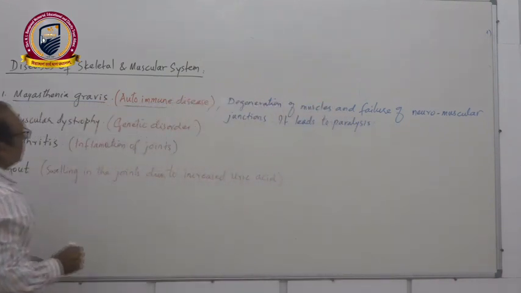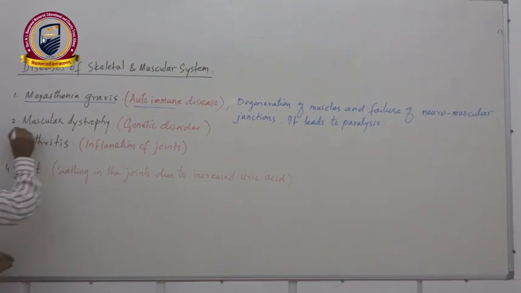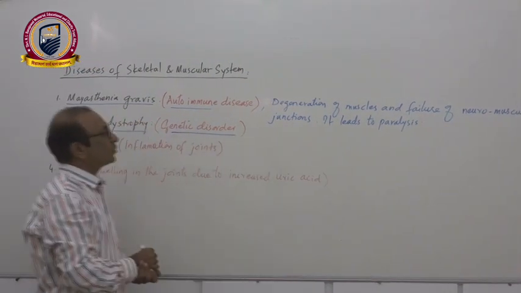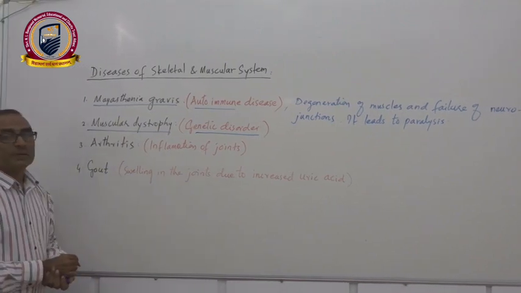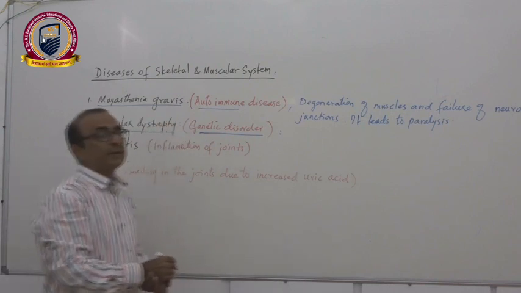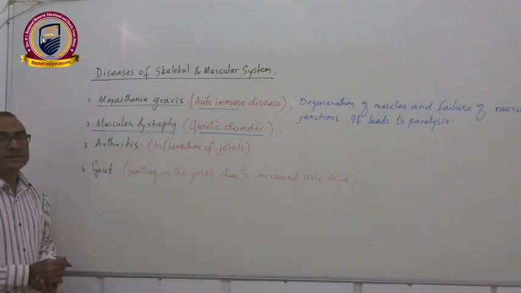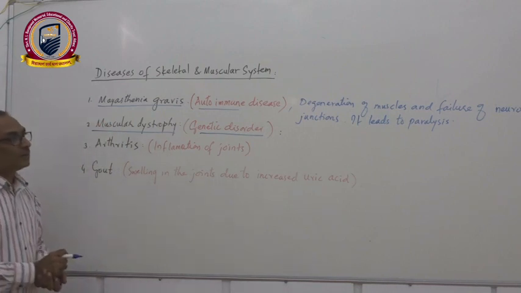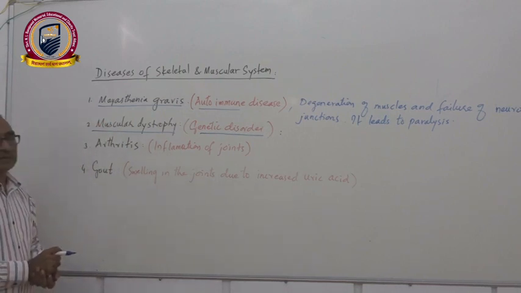Similarly, muscular dystrophy is another disease, and this is due to a defective gene, so therefore it is a genetic disorder. Gradually, after the birth of the child, the muscles slowly start degenerating, and it leads to complete paralysis and even death of the body.